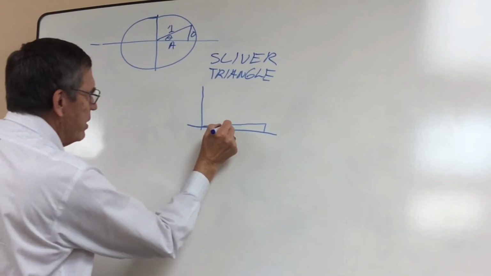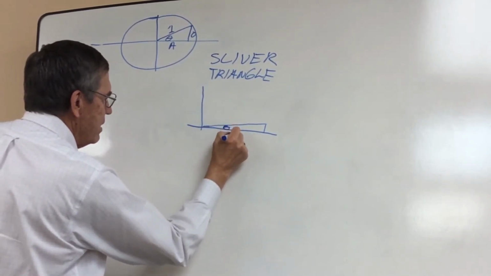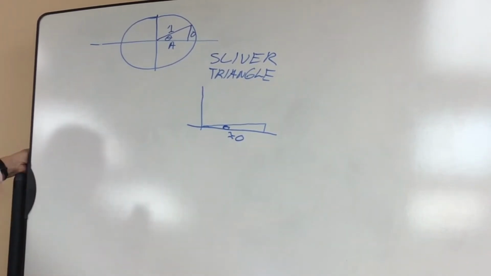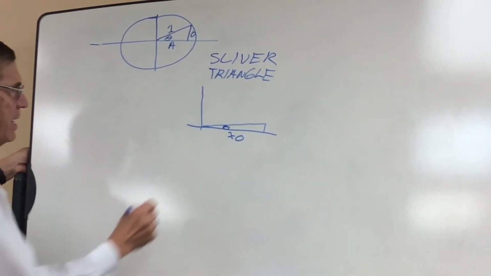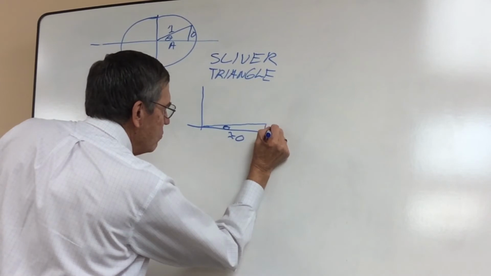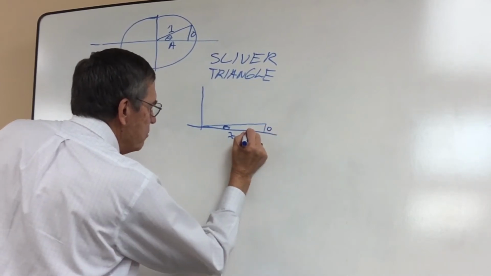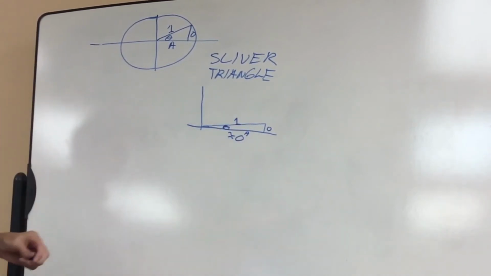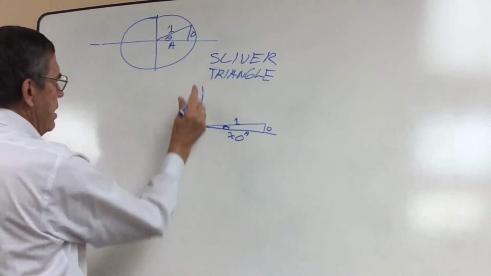So the angle here, theta, approaches 0. Very small. Not quite on the axis, but very small. And then this would be my opposite side, this would be my adjacent side, and this would be my hypotenuse, 1.